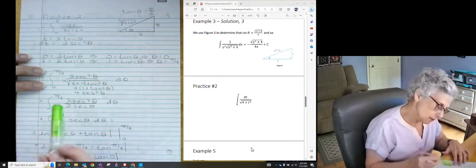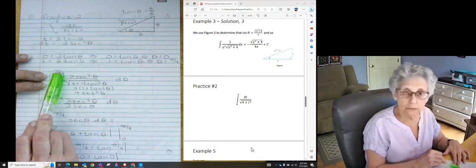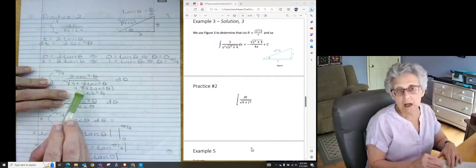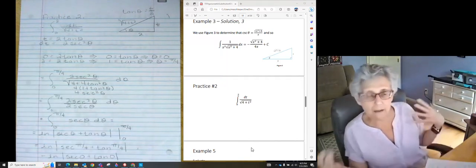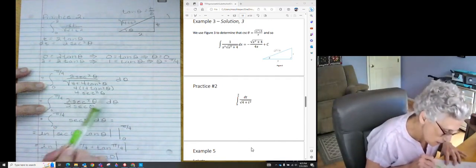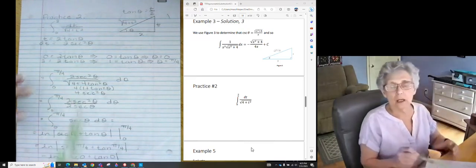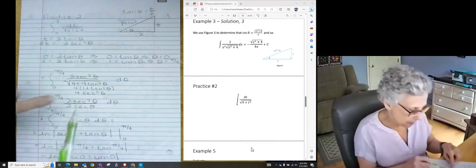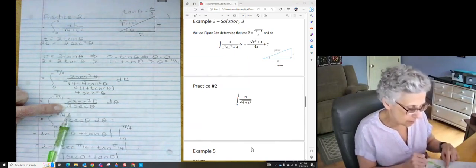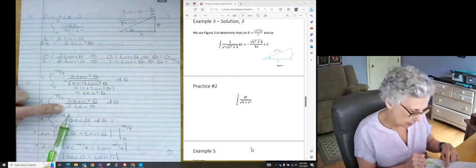So this is going from 0 to pi over 4. And you can see, instead of rewriting the entire integral over and over again, I just went ahead and did all my simplifying with my Pythagorean identity right here, and then replaced the square root of 4 secant squared with 2 secant of theta.